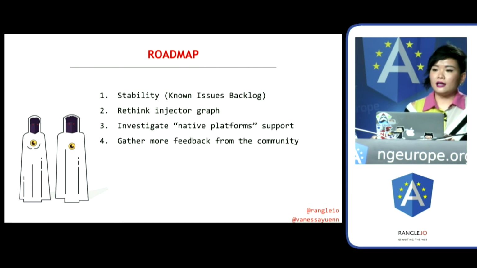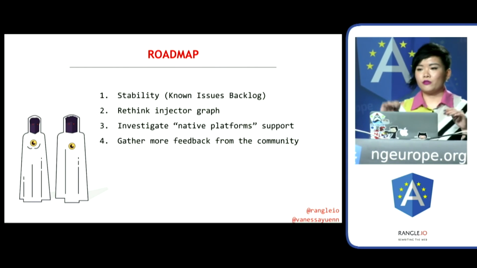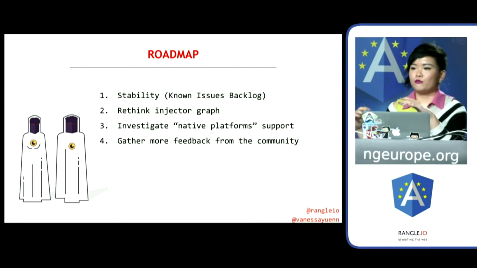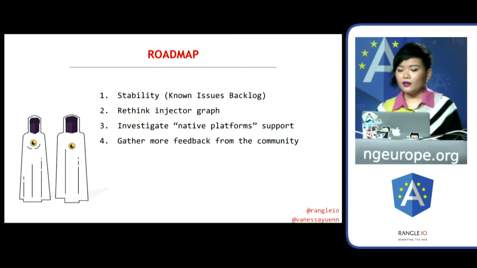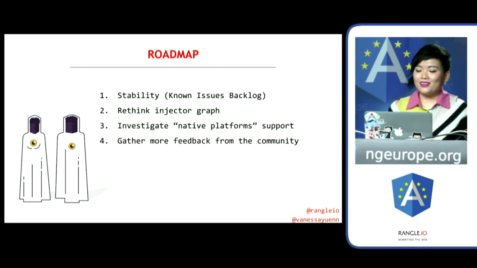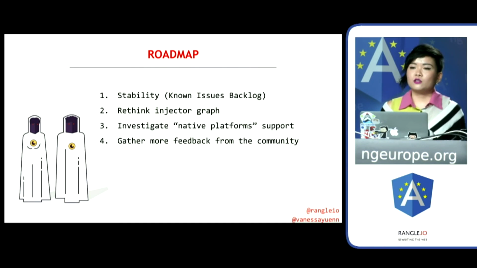One of the questions I get asked the most is, does Augury work with blah, and insert any other tool, library, or framework within the Angular 2 ecosystem? The answer is sometimes. And like I said, our focus is on the native platform support, so all the other ones are largely dependent on the community.